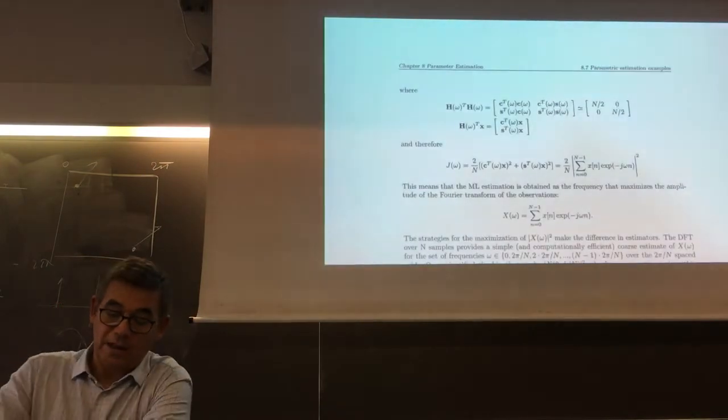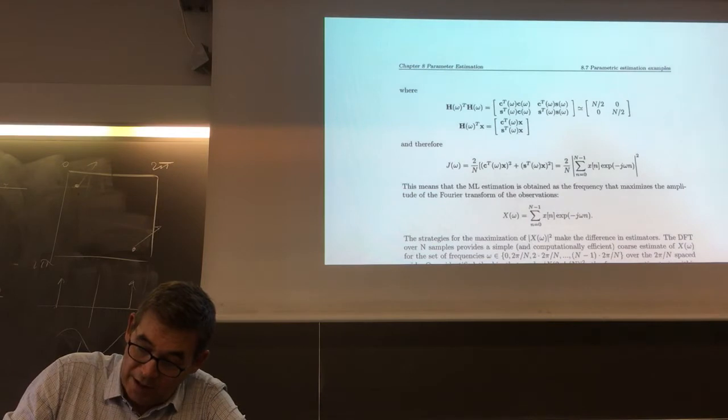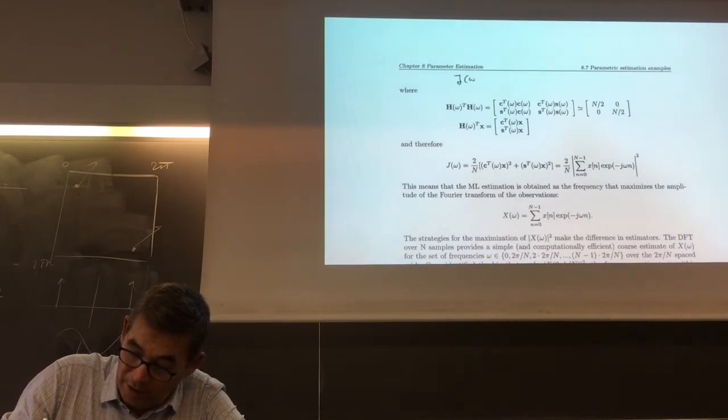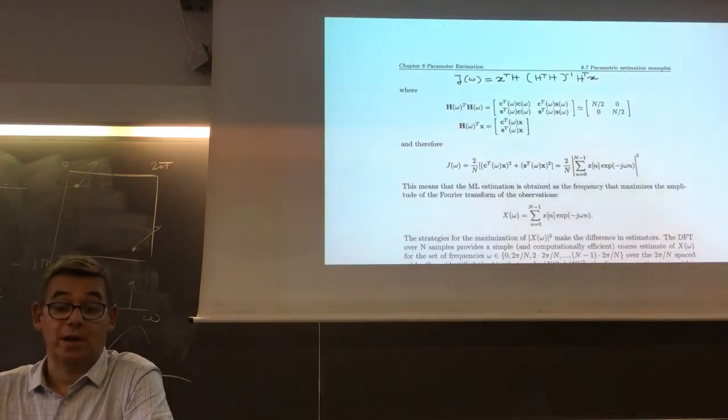Now, I need to do two parts. I isolate the J omega in two parts. So I have X transpose H, and I have H transpose H to the -1, and then I have H transpose X. This is the metric that I need to calculate.